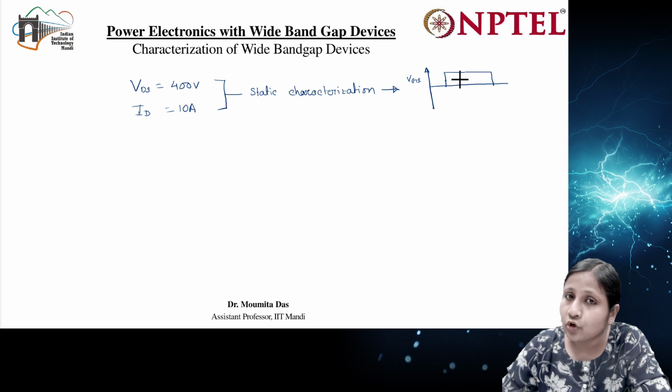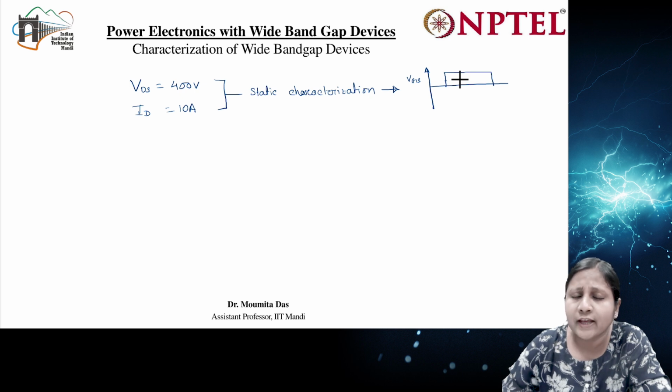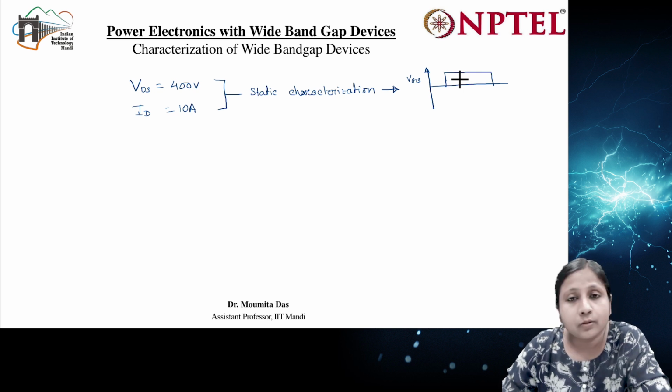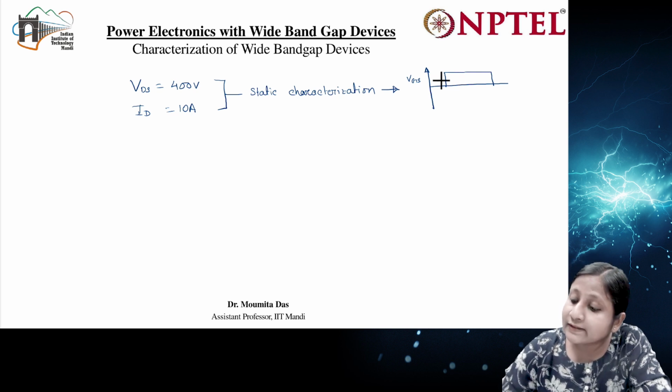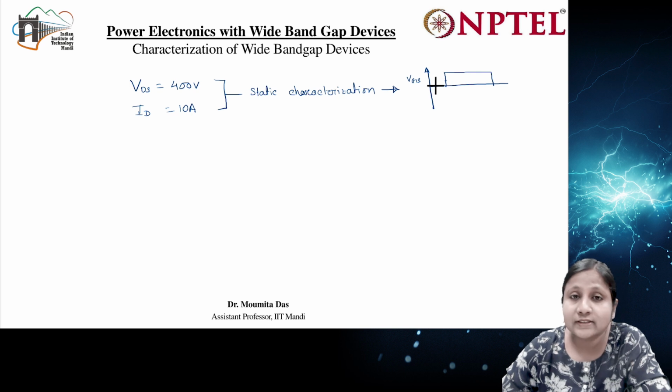This conduction loss can cause the temperature of the device to increase, and then the different parameters of the device, it can be current, voltage or any other parameters, will also change. So we will not get the actual value of the static parameters. That is why optimizing this gate to source voltage pulse is very important for static characterization.